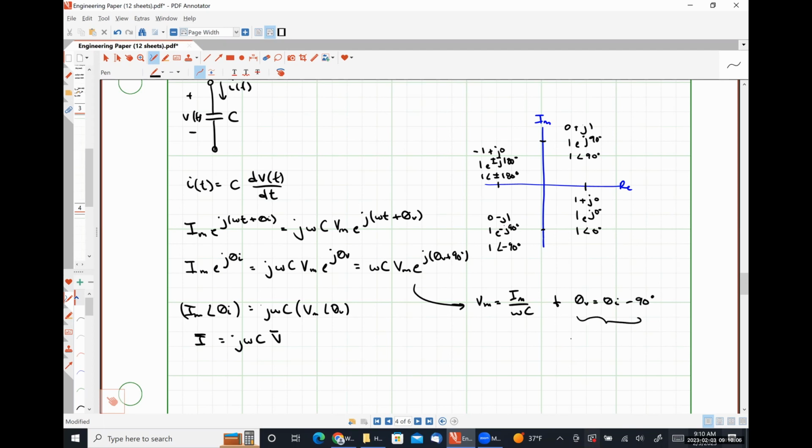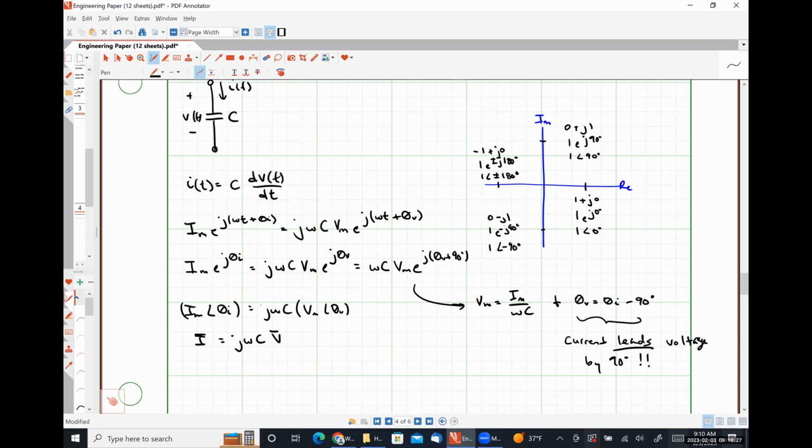Which means in a capacitor, our current leads our voltage by 90 degrees. Always, always, always.